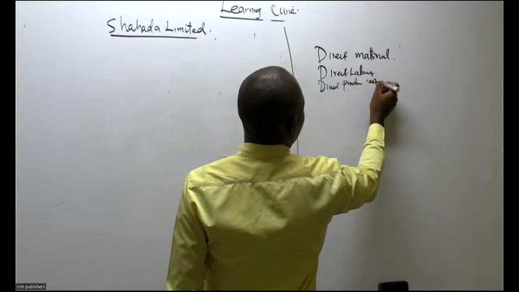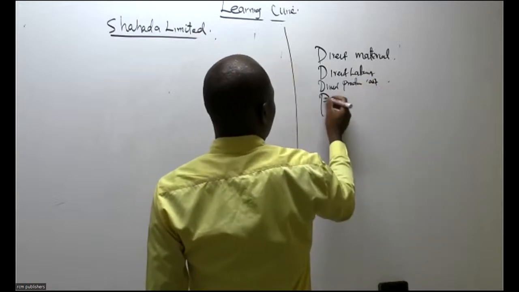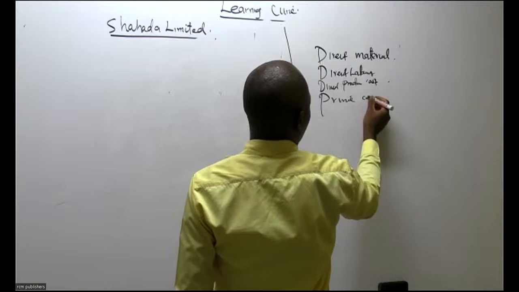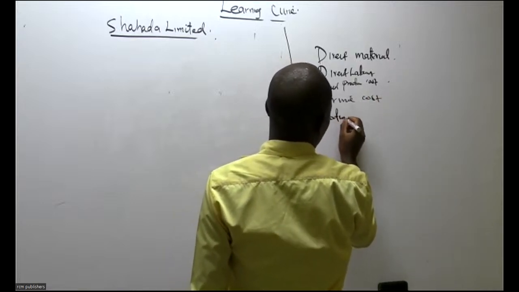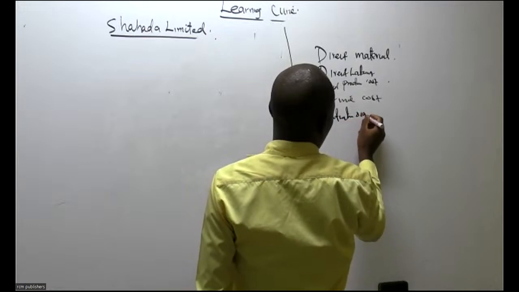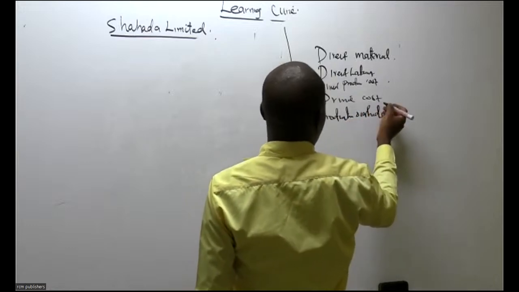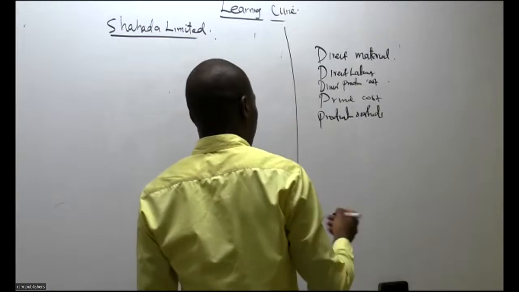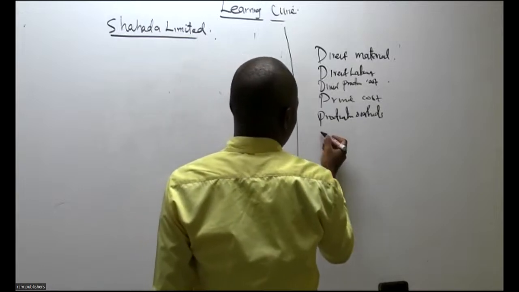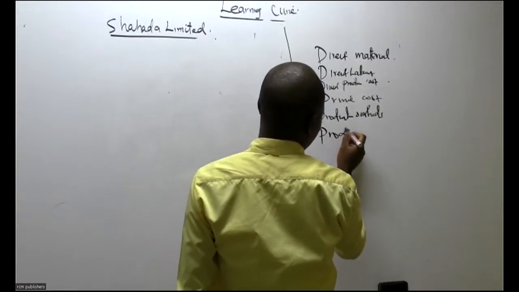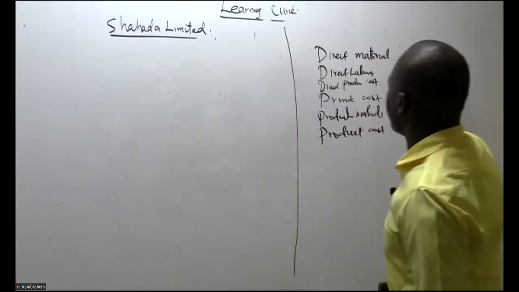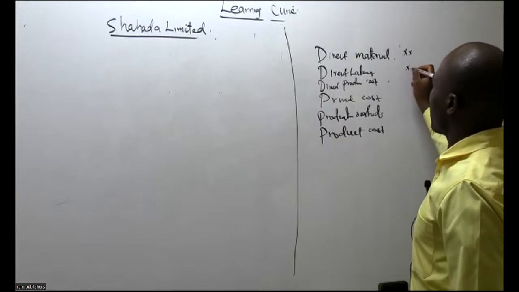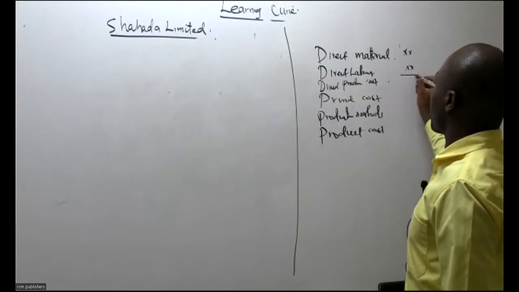If we add these two, we arrive at any other direct production costs. Then we should be able to arrive at what we call prime cost. When we add production overheads, which are divided into two, the variable and the fixed, then it should give us the product cost. So direct material, direct labor, then we get prime cost.